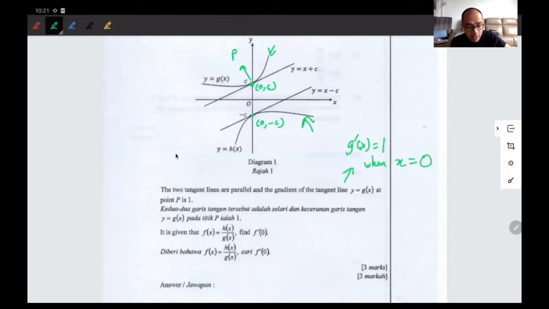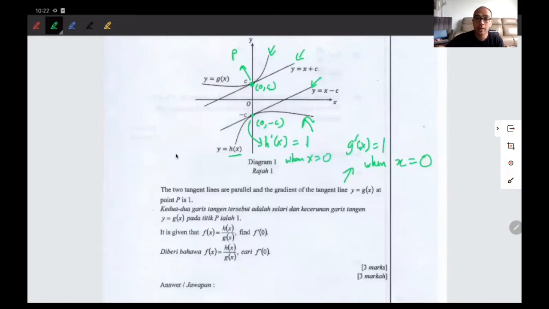And this also tells us that the value of the differentiation of h(x) is also equal to 1, since this line and this line are parallel. So if the g(x) one is the tangent line, if the gradient is 1, then therefore h(x) at the differentiation at that point is also 1 when x equals to 0.